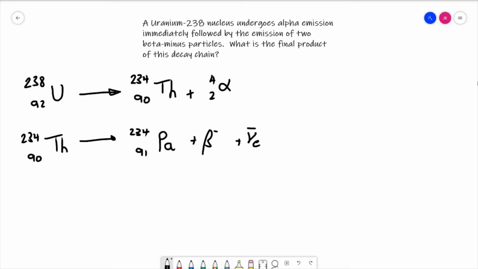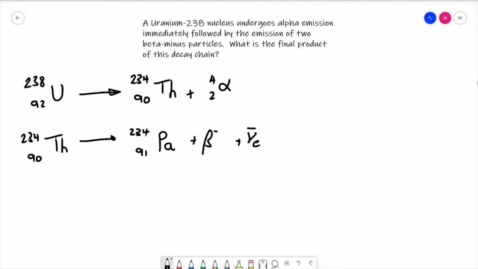Now that element is Pa, protactinium. The good news is that you're not expected to know what the element names for any given proton number are. They will either be given to you in an exam, or you'll simply be given them, no need to remember them whatsoever.